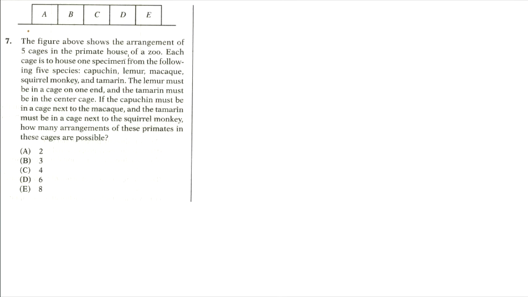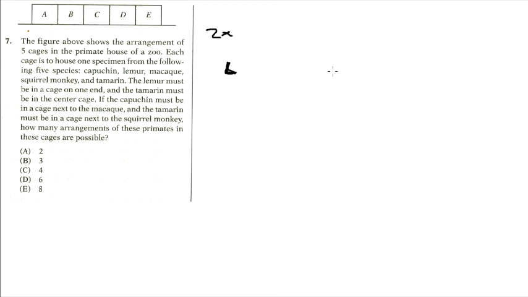Alright, well, let's see, the lemur must be on one end. Otherwise things are fairly fluid here, so let's pretend that we have the lemur here on the first one, and then once we have placed this one and we place the other primates, we're going to have a 2x multiplier because we could have picked the lemur to be on the E side.